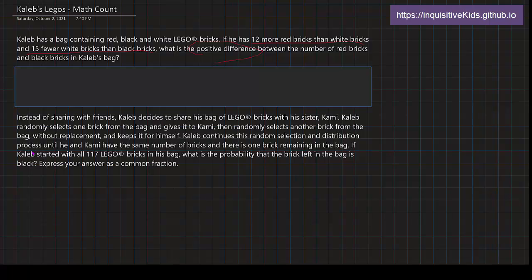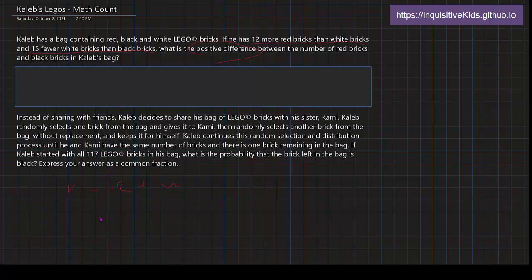Okay, so let's try using variables to help us do this. We know that he has 12 more red blocks than white blocks. So I'll write R for red is equal to 12 plus W for white.